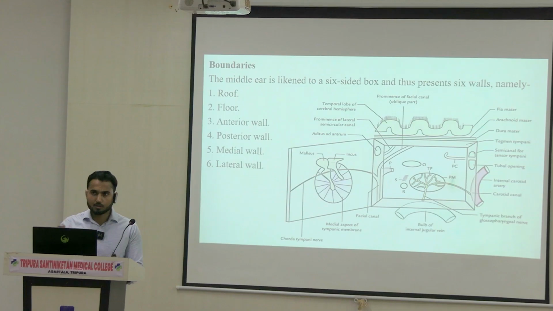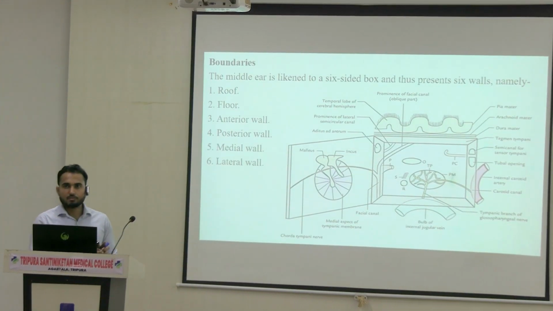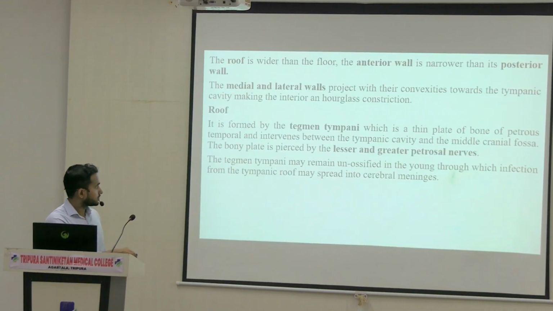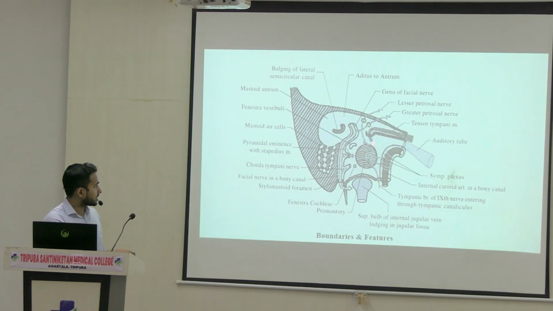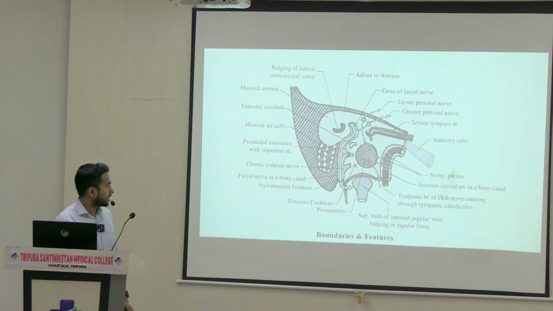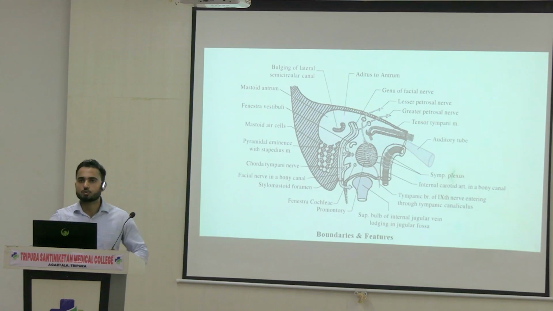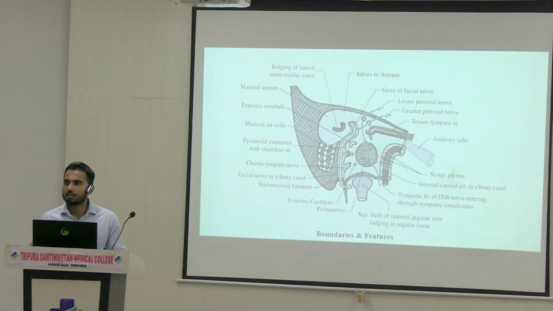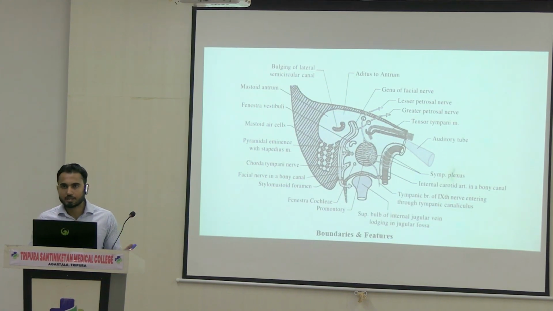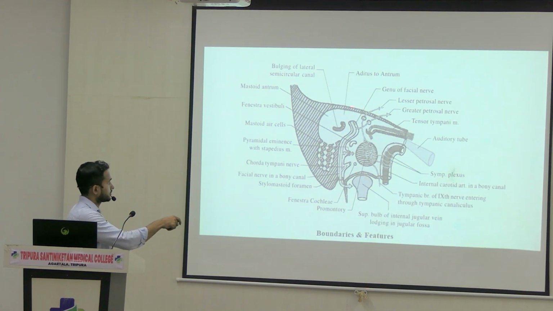Now, another diagram is there which I have added. Yeah, here you can see this. This is a diagram where most of the features are shown. Now here, can you tell me which is the roof? This is the roof. This is the floor.